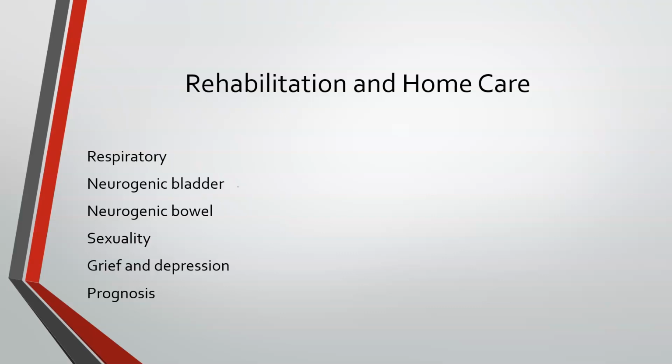So, as far as the patient's sexuality, this will be very important. Sexual rehabilitation for both men and women should be addressed informally after the acute phase of the injury has passed. We should ask questions like, have you had an erection since your injury? Have your menstrual periods continued since the injury?